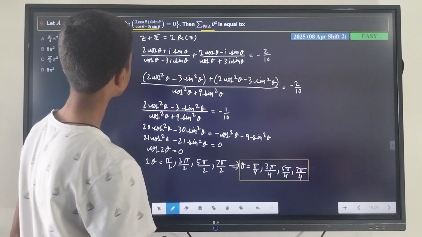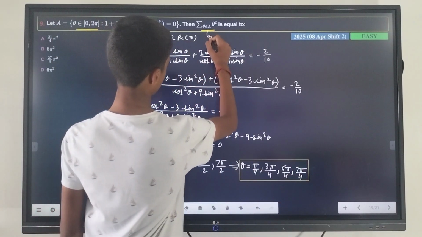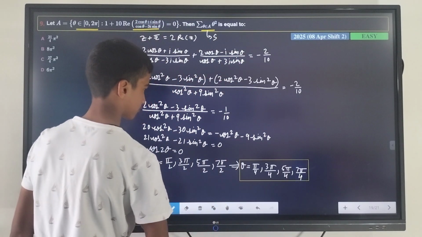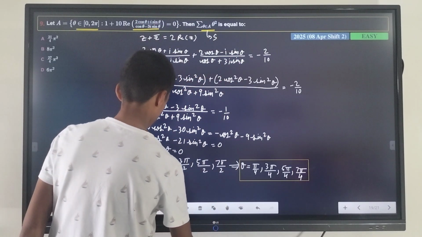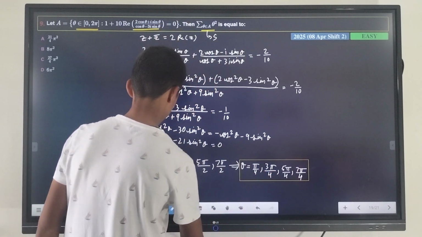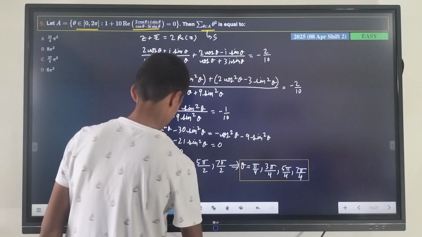So from here, let's say this is our S. Our required sum S is equal to 1 upon 16. Let's take 1 upon 16 common with pi square.